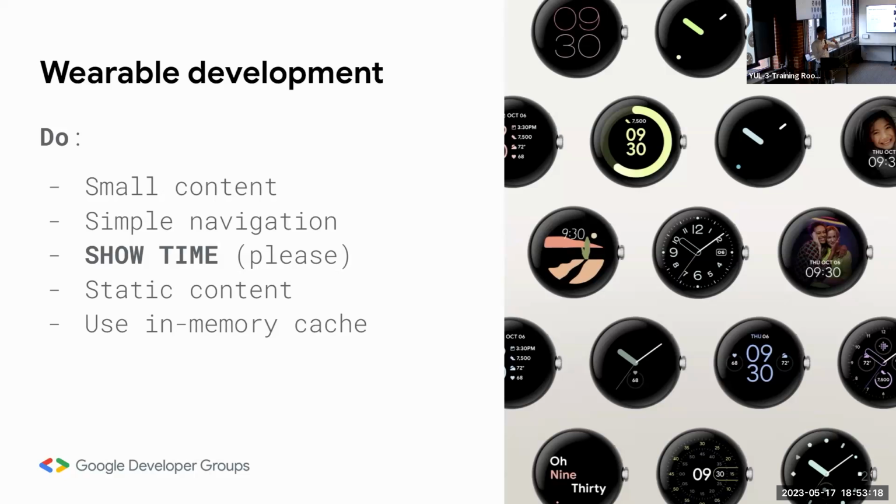And vertical navigation maybe. You have to show time. Don't forget that you're using a device that has a main purpose first, which is time. So put time. It's very important. If not, it's not natural. You have to exit the app and go back just to check the time and go back to the app.